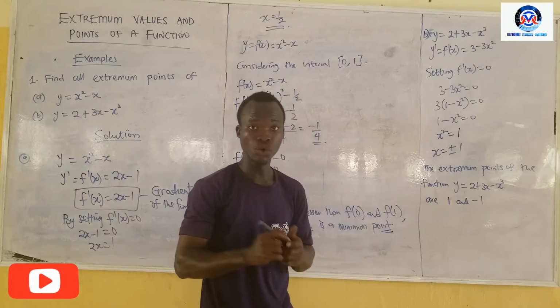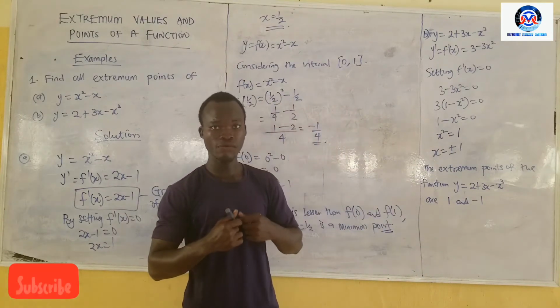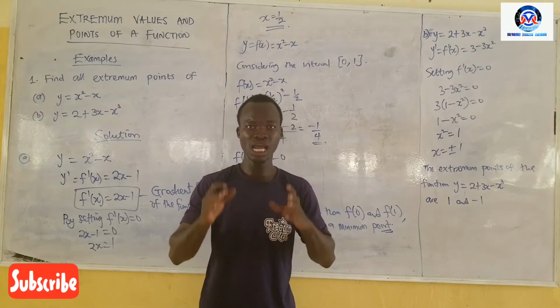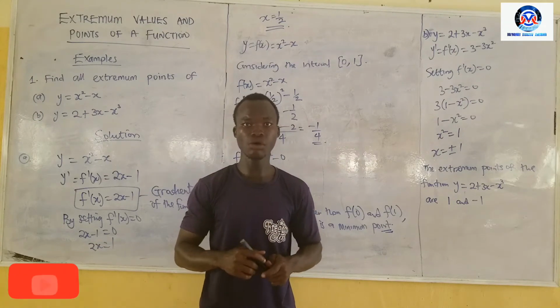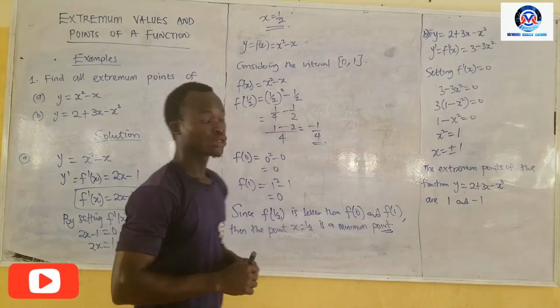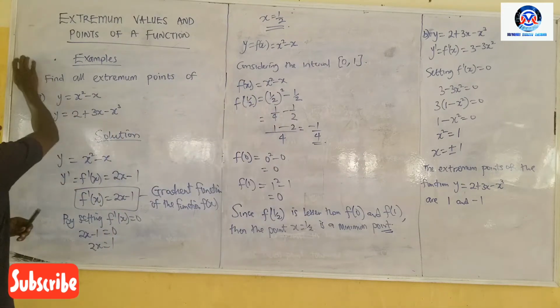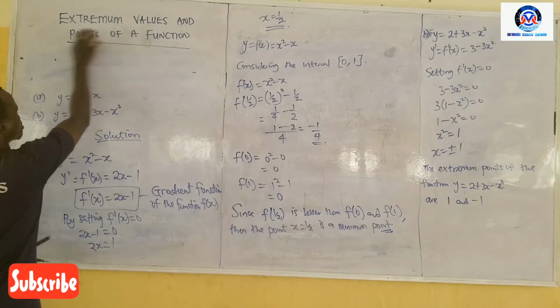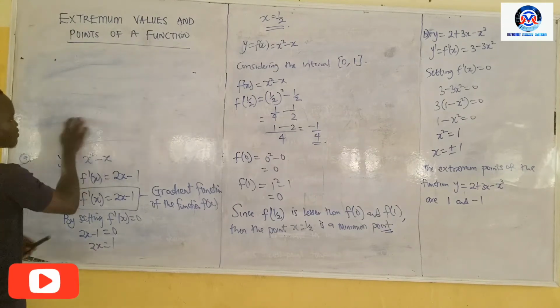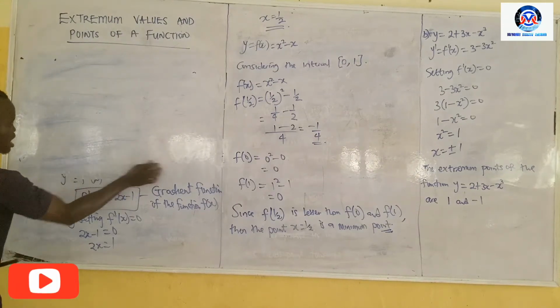So now we have known the extremum points. It's now for us to know if the extremum points are maximum points or minimum points. So now, from here, we consider an interval.